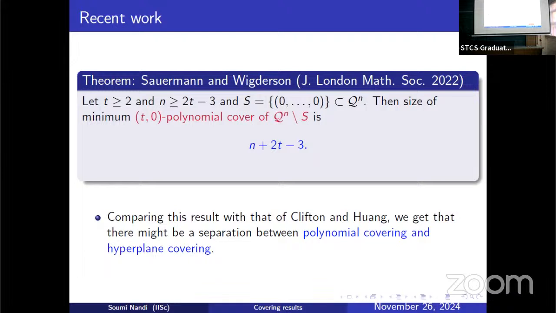So this suggests that there might be a separation for this polynomial covering and hyperplane cover when we consider it with multiplicity. But still, we do not have any proof that this polynomial lower bound will not be sufficient for hyperplane.